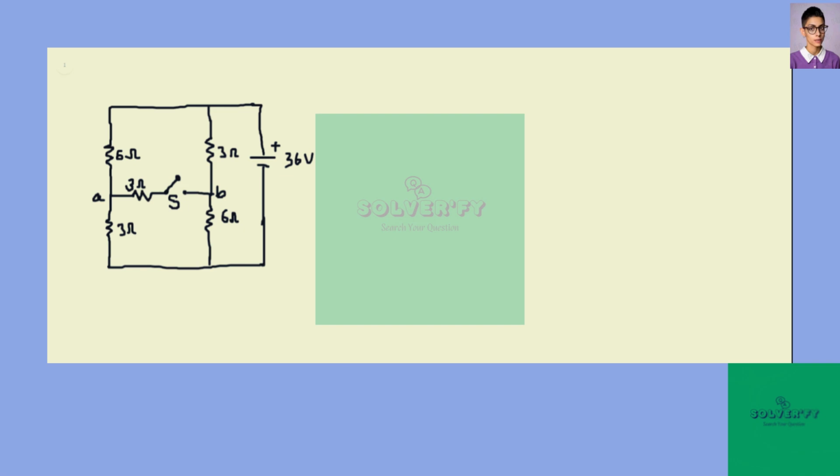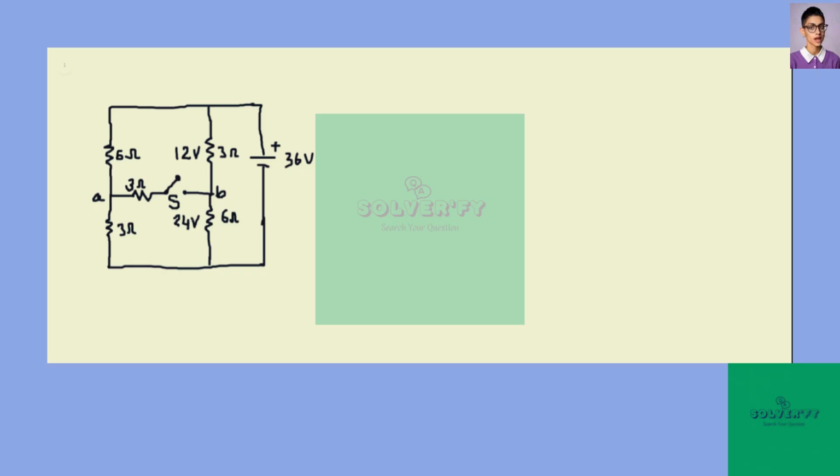If we want to divide 36 volts in a ratio of 1:2, then the 3 ohm should get, of course, 12 volts, and the 6 ohm resistor should get 24 volts, so that the total voltage is 36 volts, and the ratio of voltage is the same as the ratio of resistance, that is 1:2.